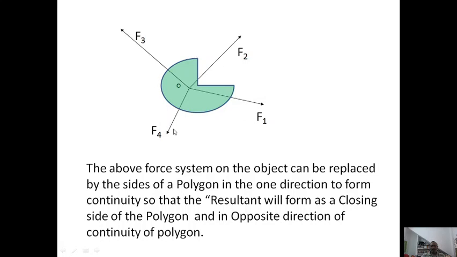So for these four forces, the system can be replaced by the sides of the polygon in one direction to form continuity, so that the resultant will form the closing side of the polygon.